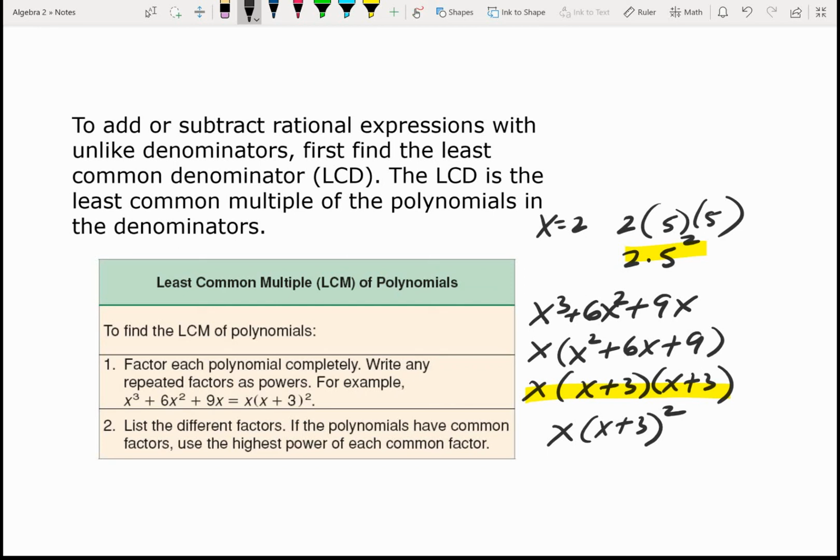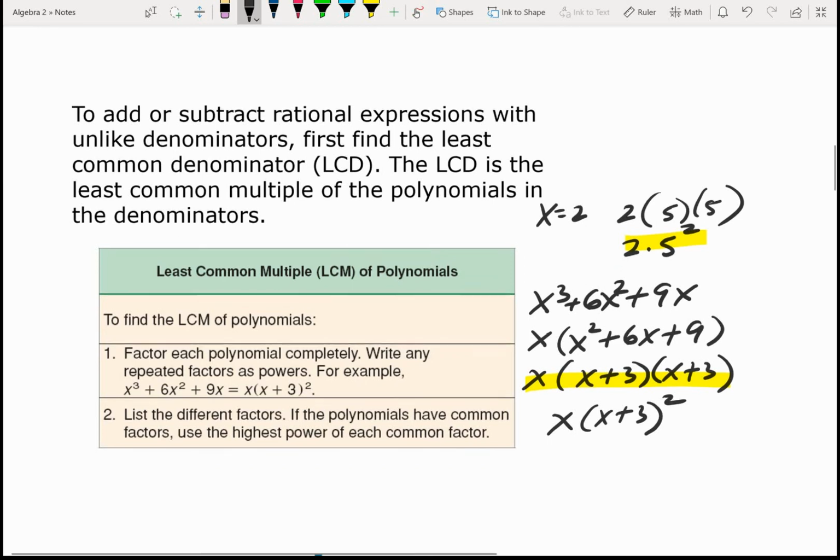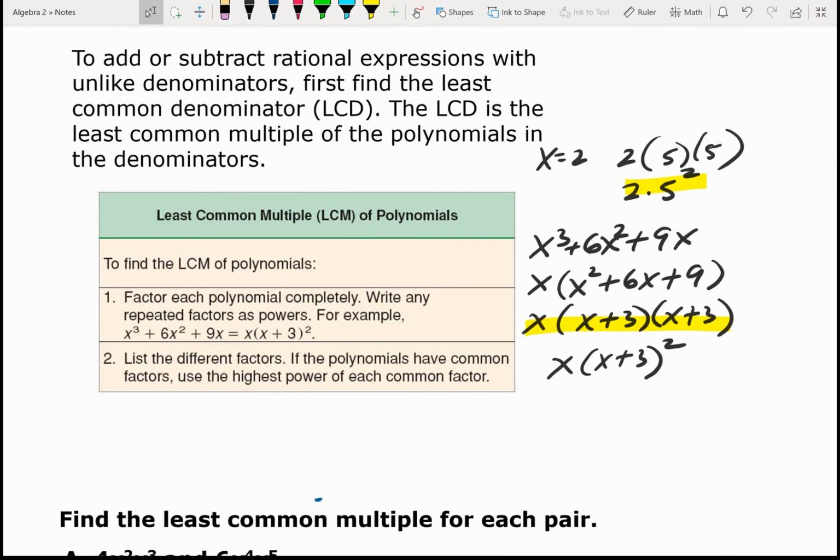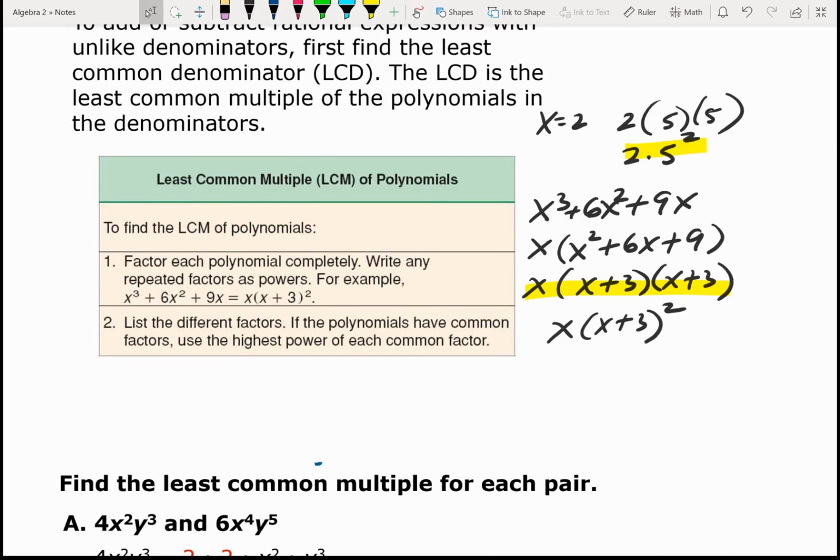List the different factors. If the polynomials have common factors, use the highest power of each common factor. Okay, and so what's meant by that, for example, if I had x plus 2 as one factor, and then I had x plus 3 times x plus 2 squared, my least common multiple would have to use the highest power of each common factor.